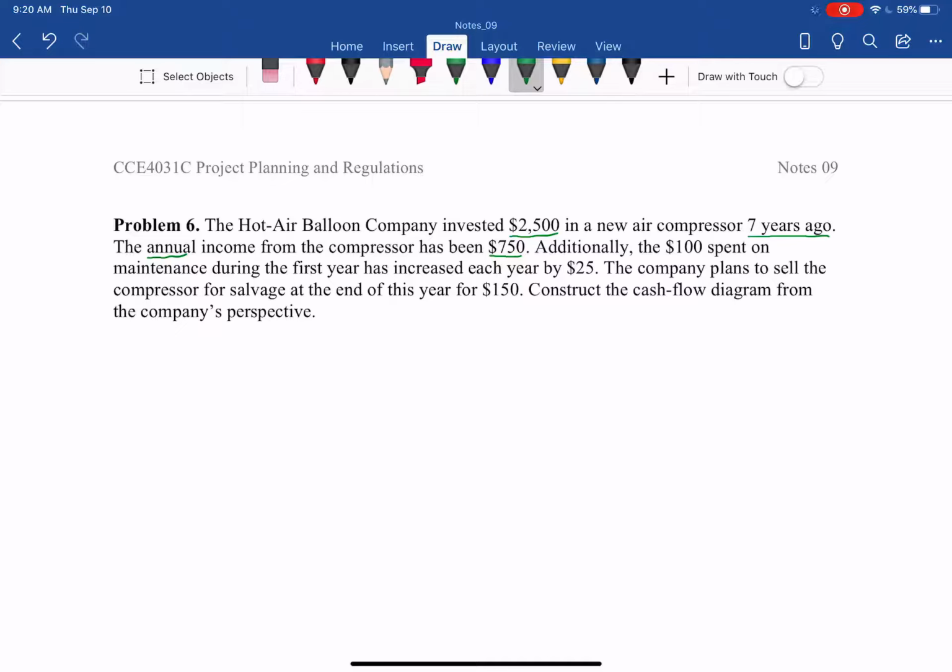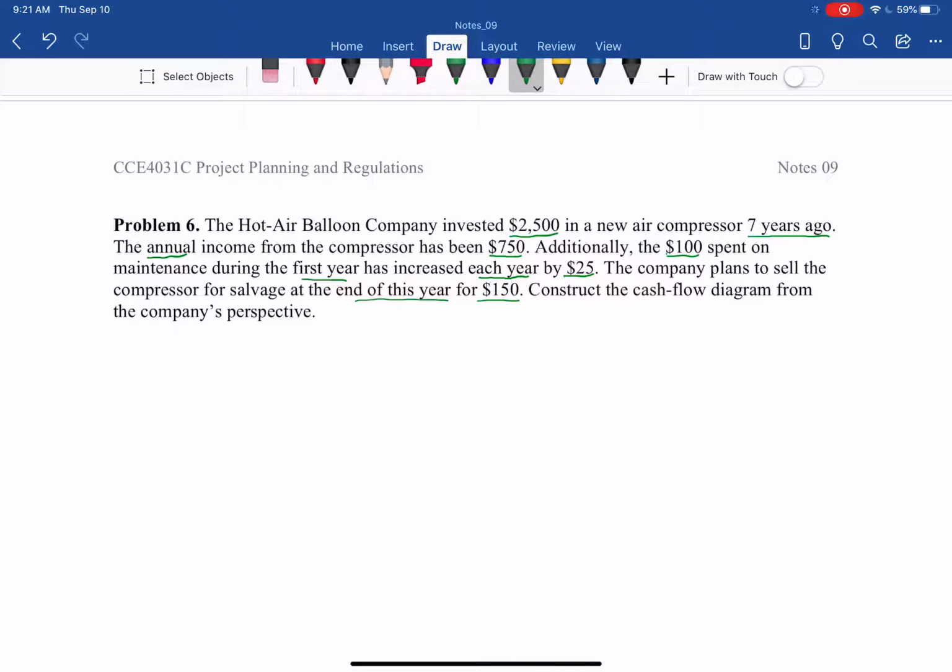Additionally, 100 is spent on maintenance during the first year and increases each year, as the equipment becomes more obsolete and needs more maintenance. It increases by $25 each year. The company plans to sell the compressor for salvage at the end of this year, for $150. Construct the cash flow diagram from the company's perspective.